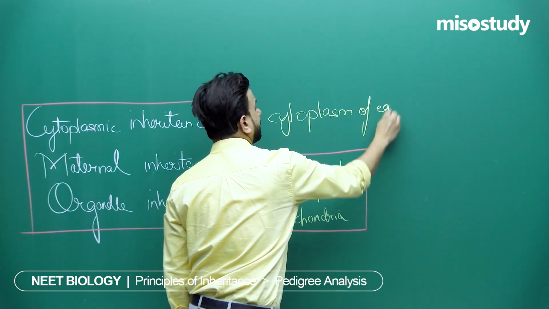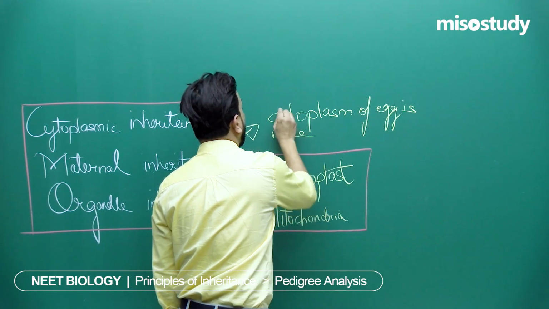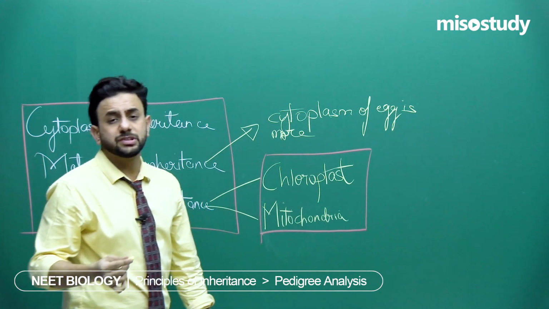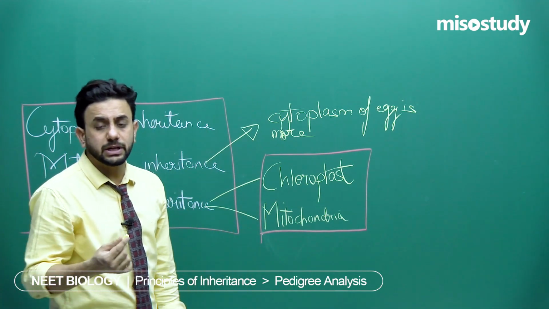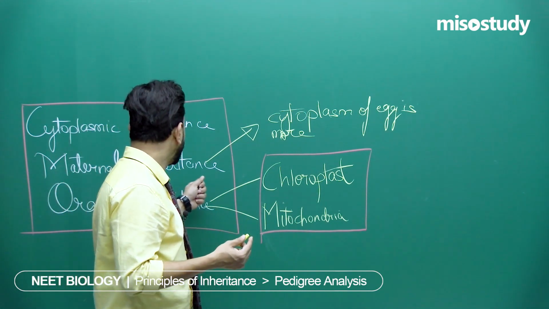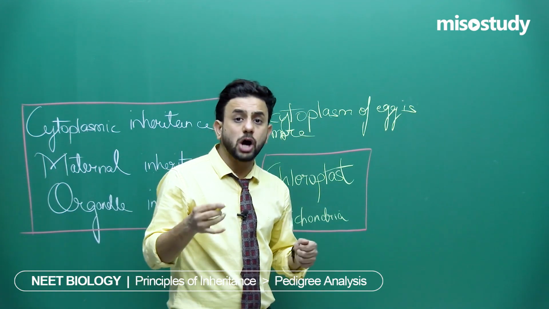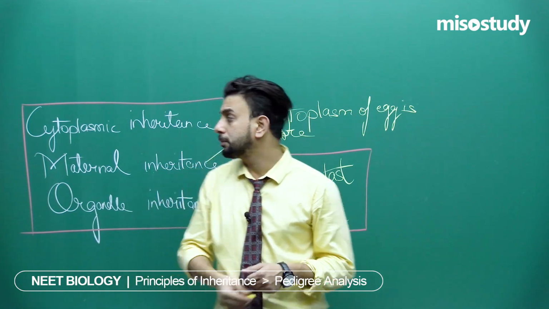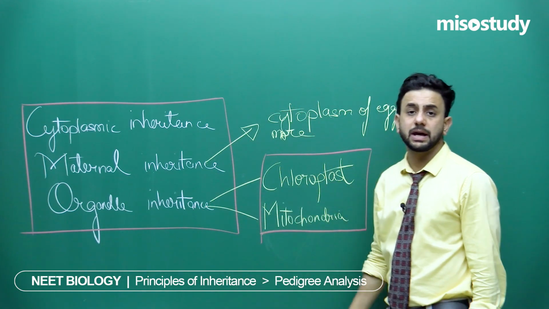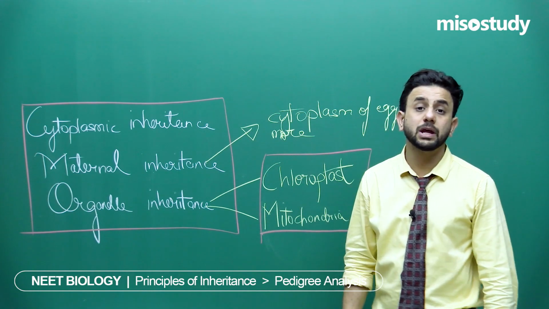And hence when we talk about the cytoplasmic inheritance, definitely since the cytoplasm of the egg is more than that of the sperm, the maternal dominance, the maternal inheritance is more, and this is what is the cytoplasmic inheritance.